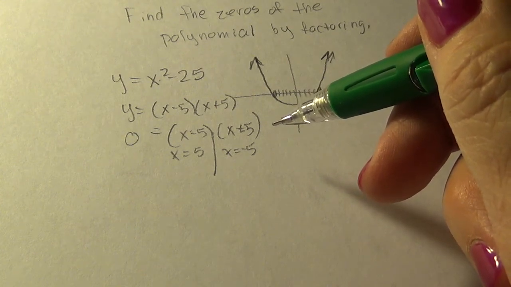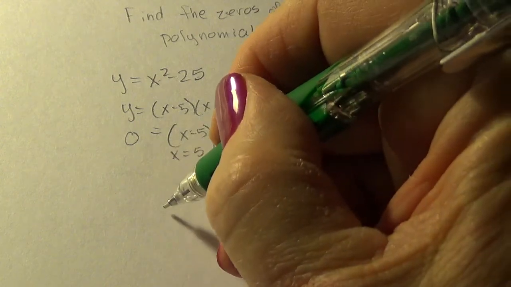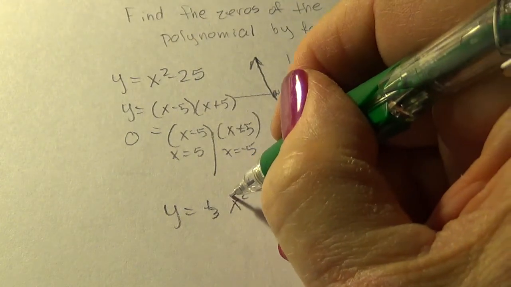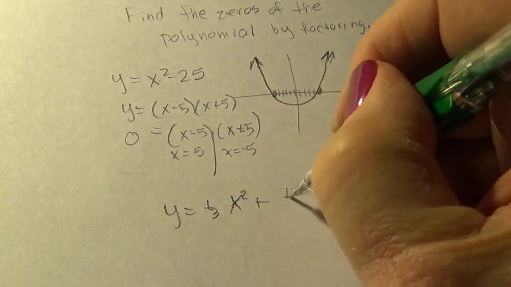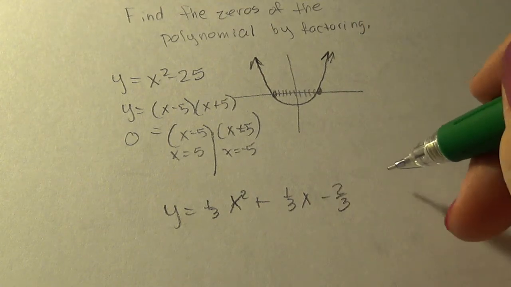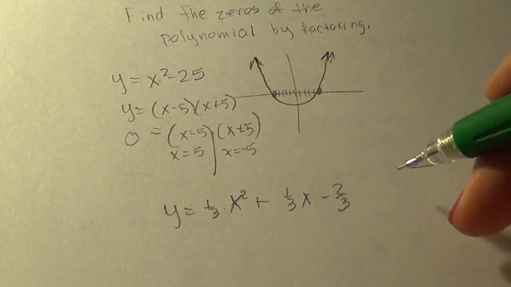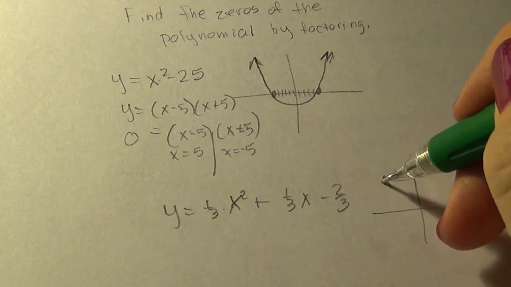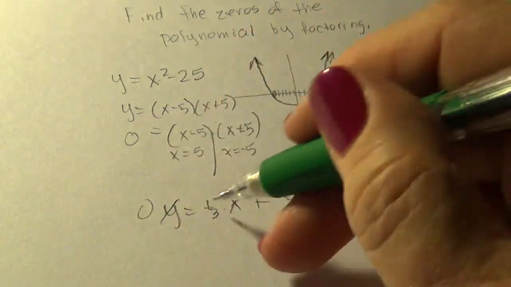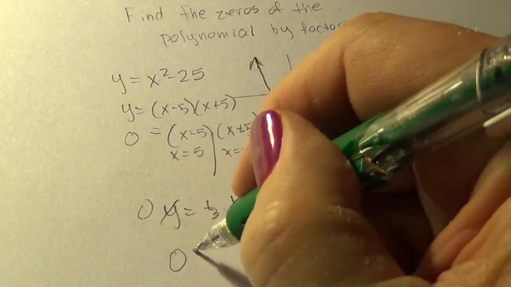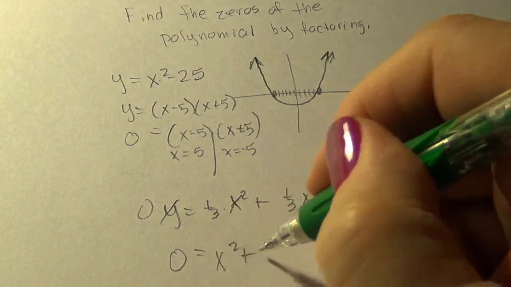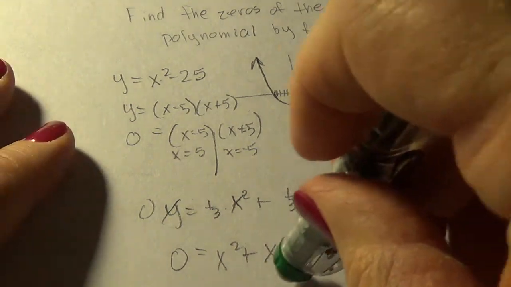So what if it gets a little more tricky and we have y equals 1/3 x squared plus 1/3 x minus 2/3. Alright, so end behaviors. Again, because this is positive, it's going to be up, up. And so we set this equal to 0 and factor it. Let's multiply by 3. When you multiply 0 by 3, you get 0, x squared plus 3x.